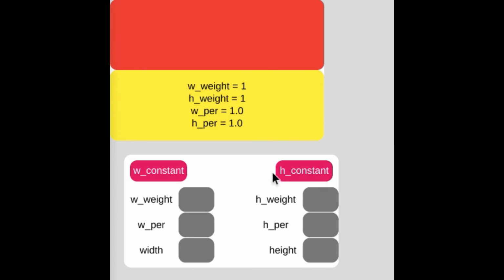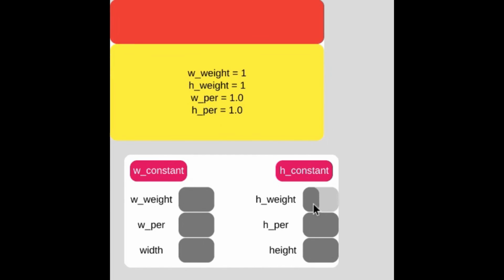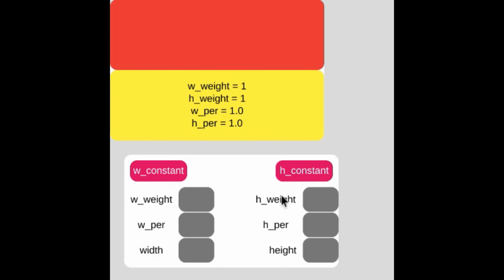In this demo, if both W constant and H constant are false, then the height is only affected by the H weight value, while the width of the first cell is only affected by the W per property, since no sibling is present in horizontal direction.